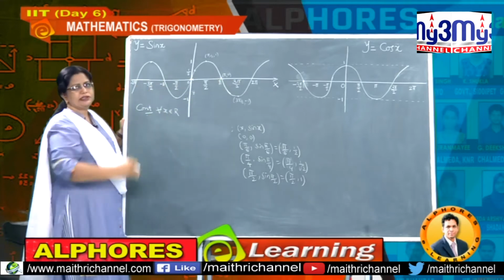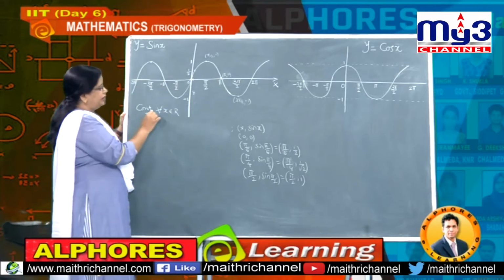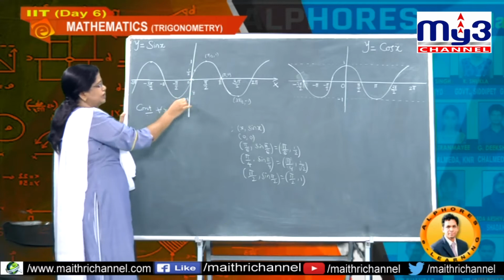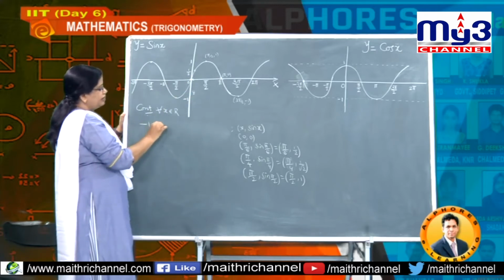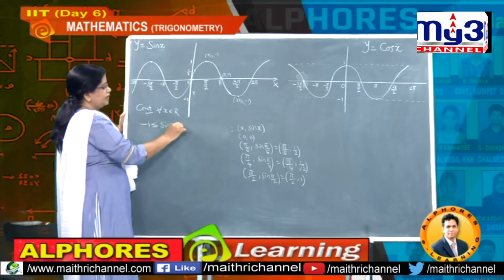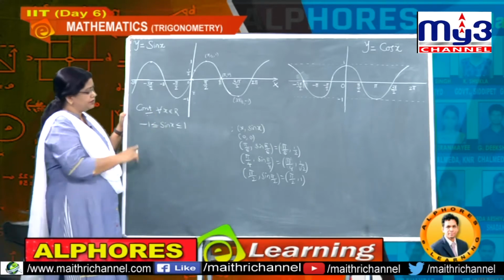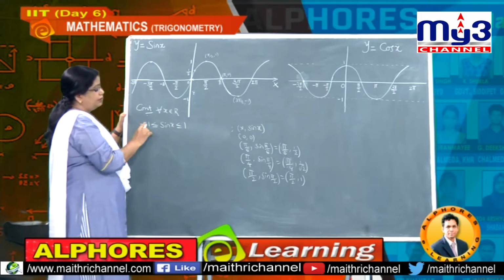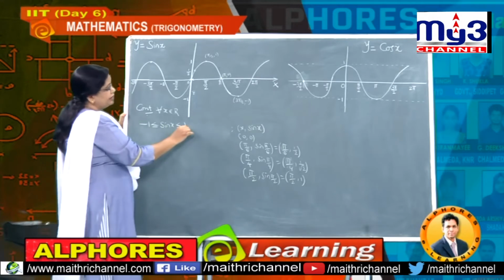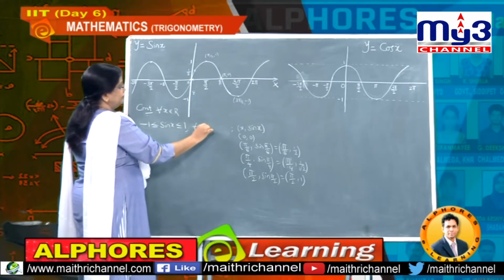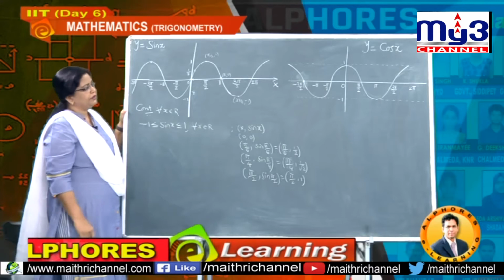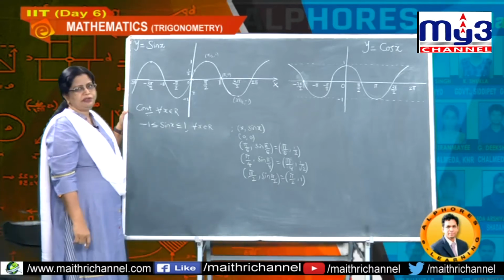That's why sin x always belongs to minus 1 less than or equal to sin x less than or equal to plus 1. So sin x takes values only between minus 1 and plus 1, and this is true for every real number x.